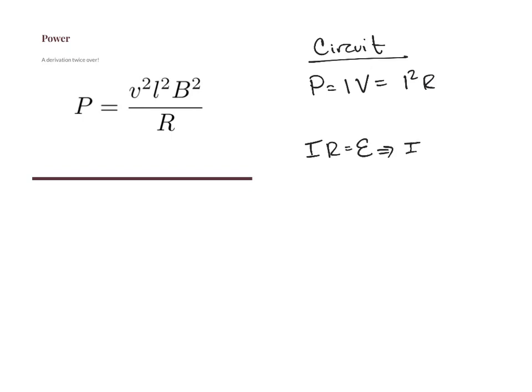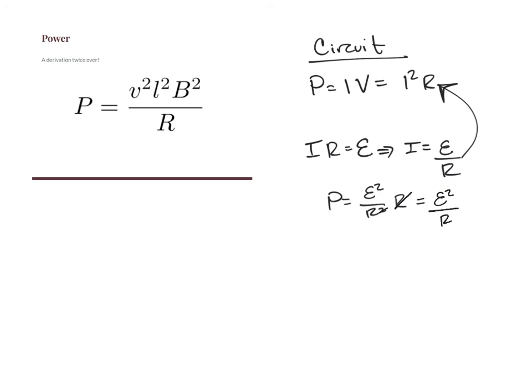Therefore, induced current equals the EMF over R. So if you plug that in up here, where you do power equals (EMF over R) squared times R, you would get power equals EMF squared over R, because one of these powers of R is going to cancel.